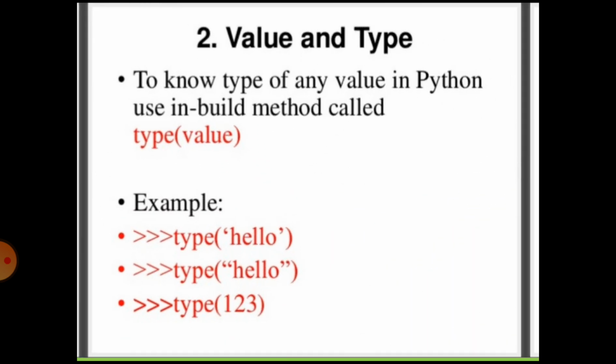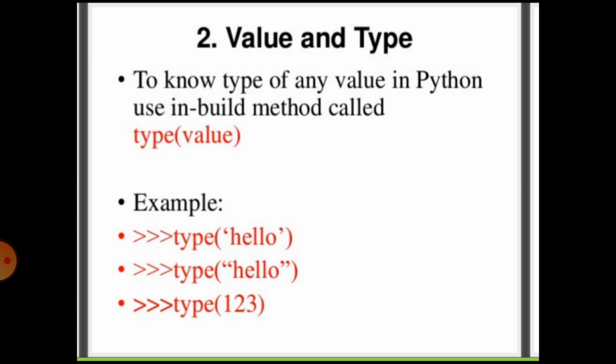The next topic is value and type. If you are assigning a value to a variable, how do you know which type of value the variable is holding? For that we need to use the type method and pass the variable. Through that we can know which type of value a variable is holding.